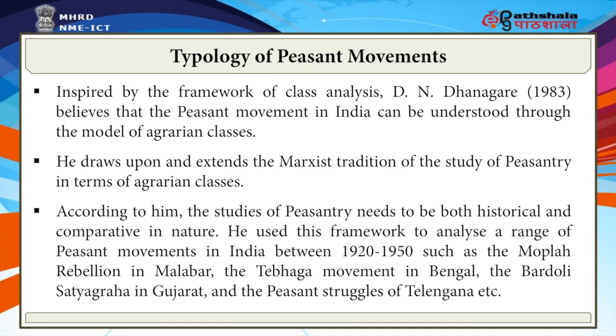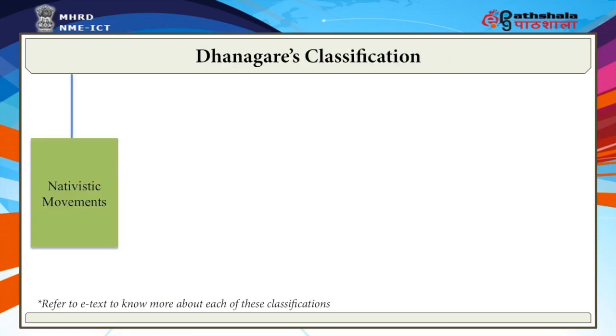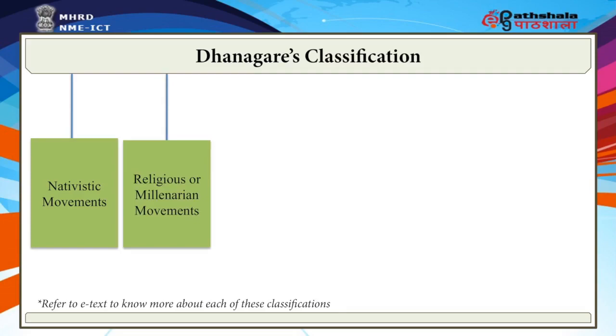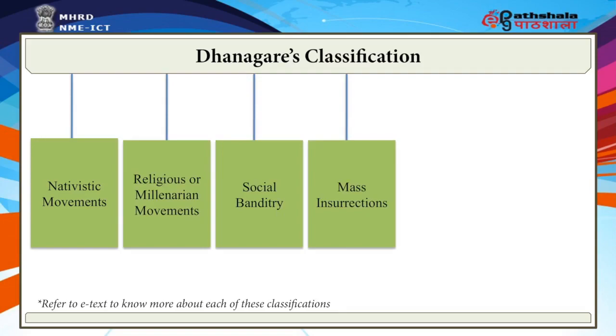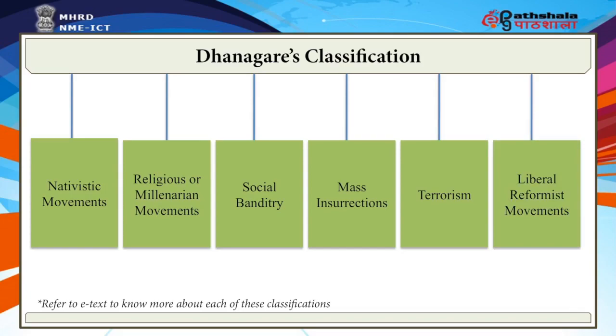Privileging goals, ideology, and methods of organization in his classification of peasant movements, Dhanagare talks of the following 6 types: nativistic movements or rebellions, religious or millenarian movements, social banditry, mass insurrections, terrorism, and liberal reformist movements.